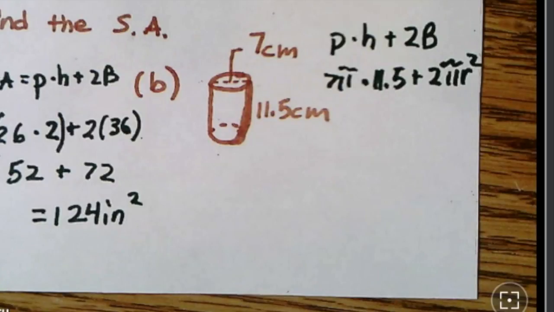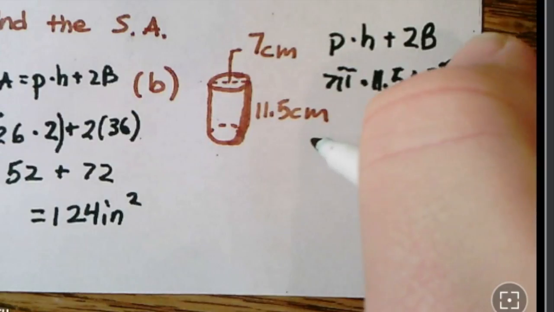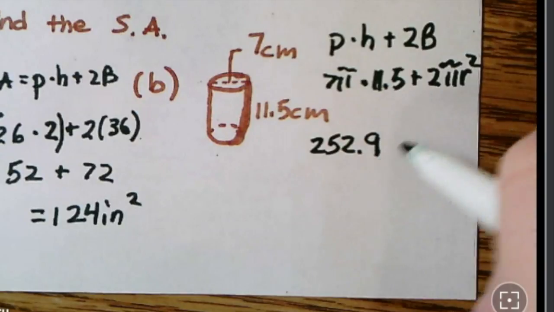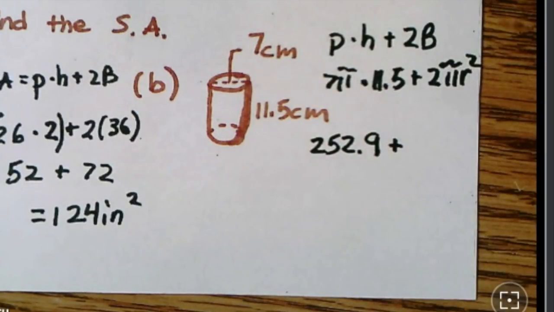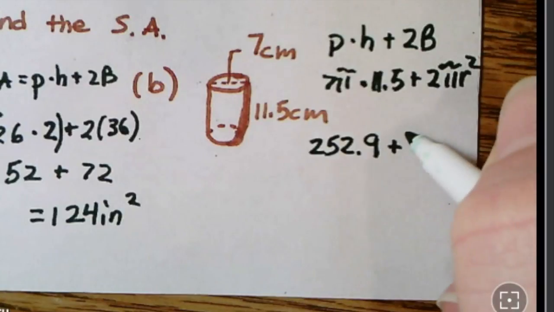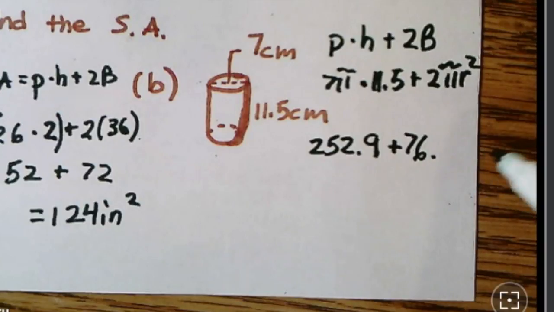So 7 times pi times 11.5 equals 252.89. I'm going to round it up to 252.9. Plus the radius, which is 3.5 times 3.5 times pi times 2 equals 76.6, which I will round up to 77.